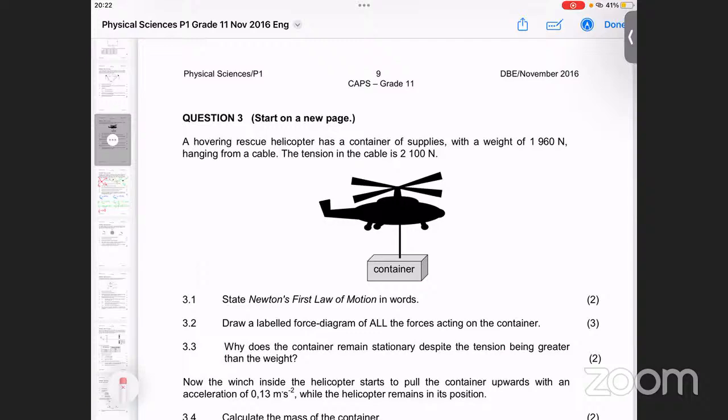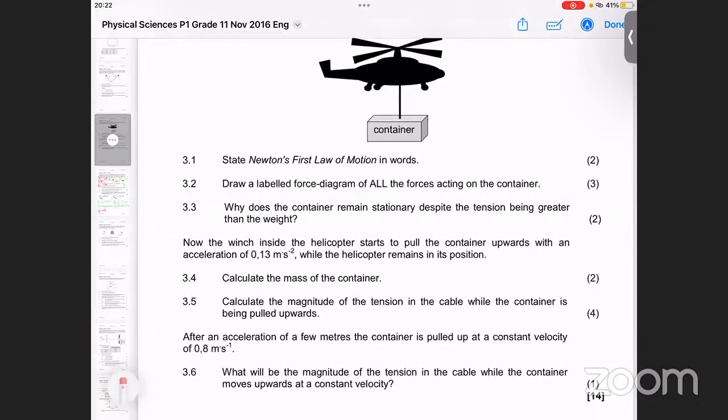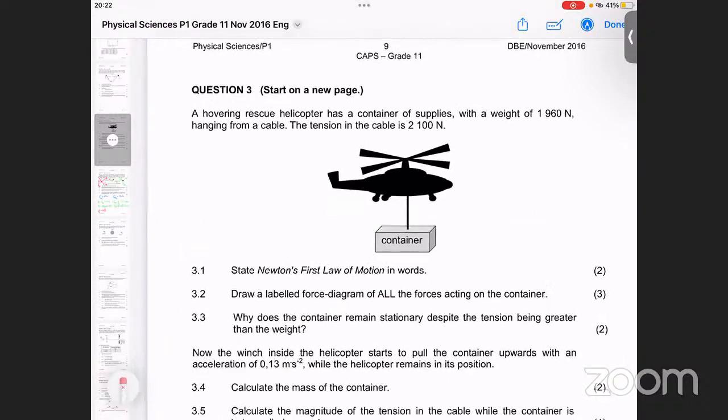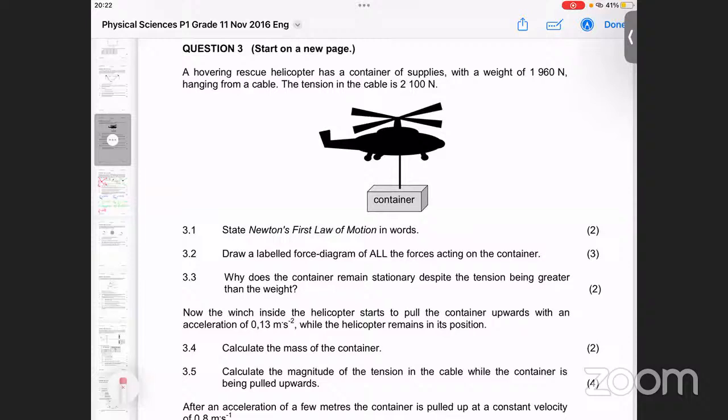You also have something which looks like that one, which you might also need to look into. But let's see, maybe very quickly. Question 3.